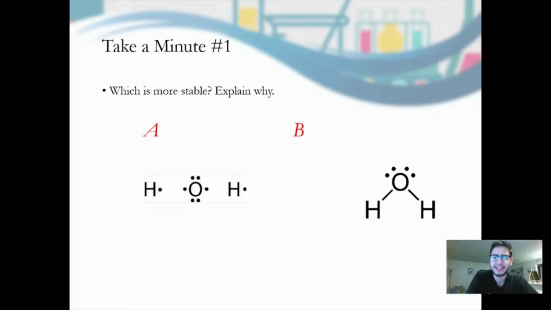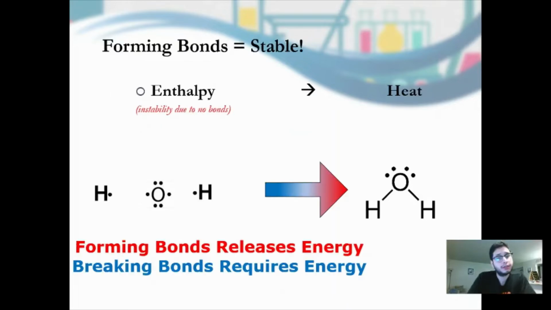Oxygen has 6 valence electrons and it's desperately looking for those 2 other electrons. So I would say that they're rather unstable. So if I combine and make bonds between the hydrogen and oxygen, notice that the oxygen will finally get its 8 electrons, and hydrogen will also get its 2 electrons that it was looking for. So they form a covalent bond.